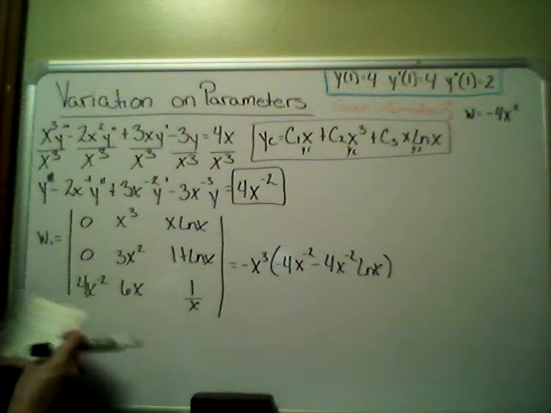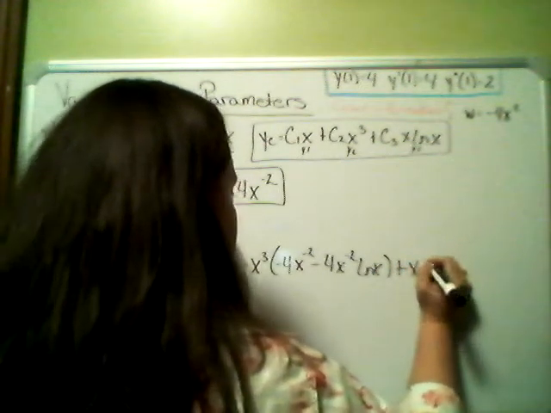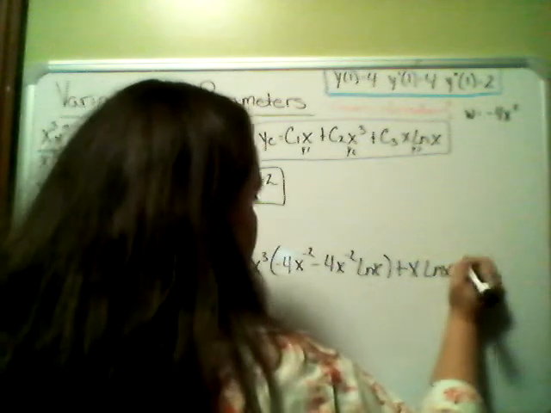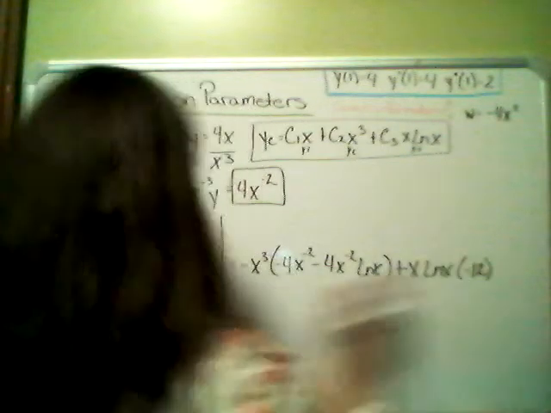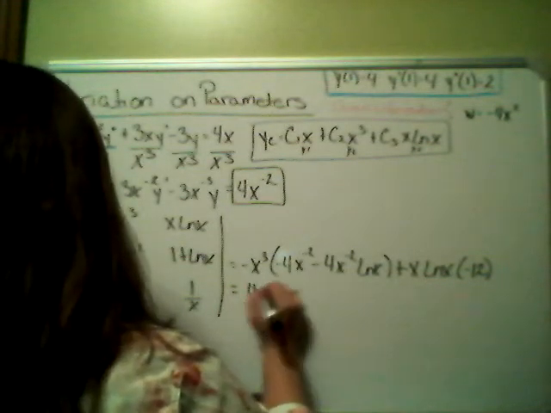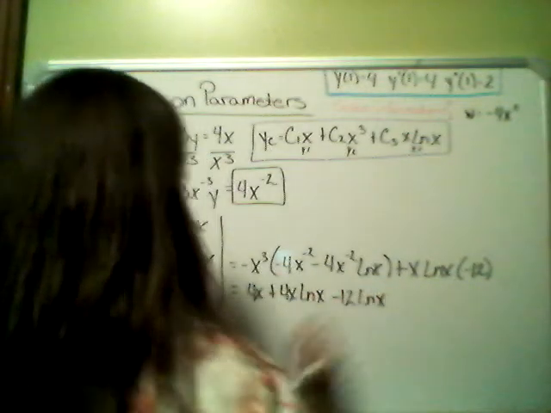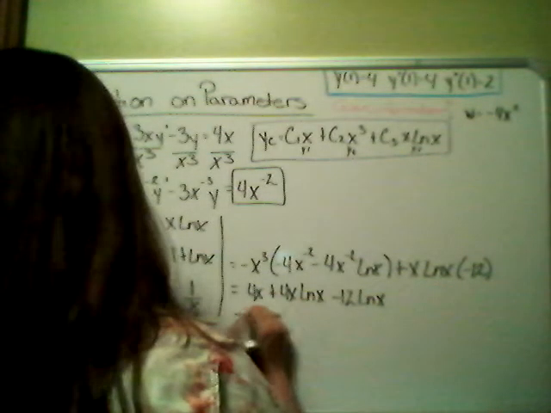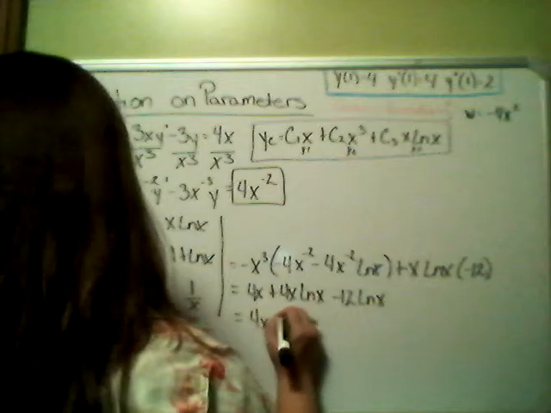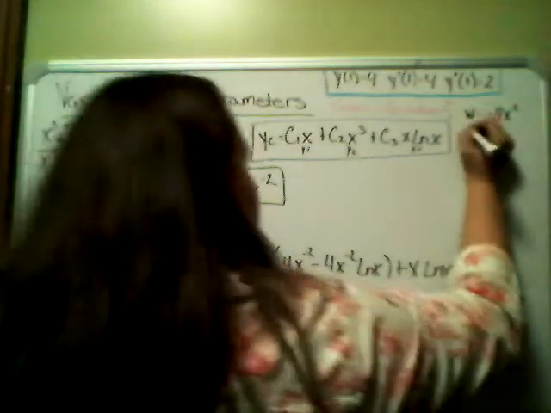Then the last term is plus x ln x times minus 12. This simplifies down. We'll have 4x plus 4x ln x minus 12 ln x, which gives us 4x minus 8x ln x as our W1.